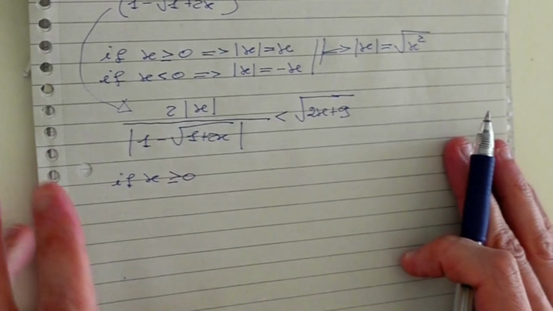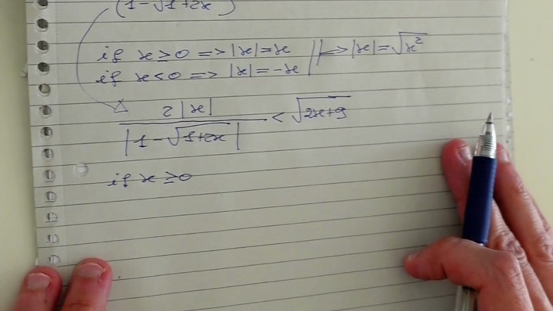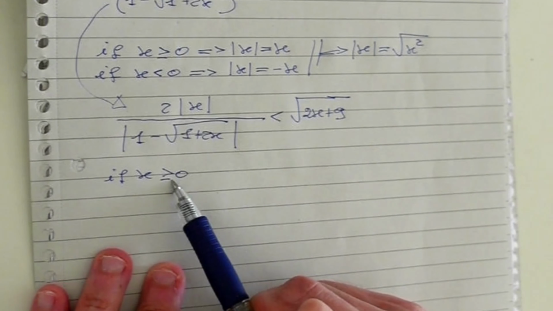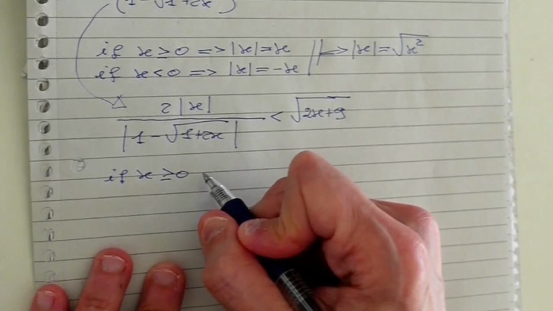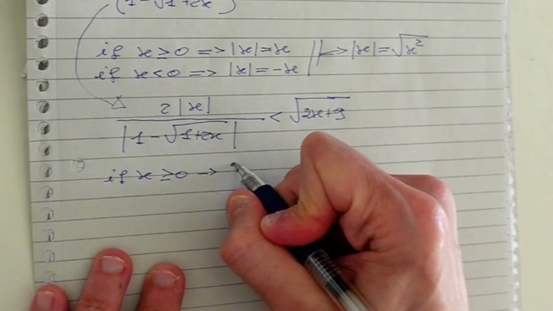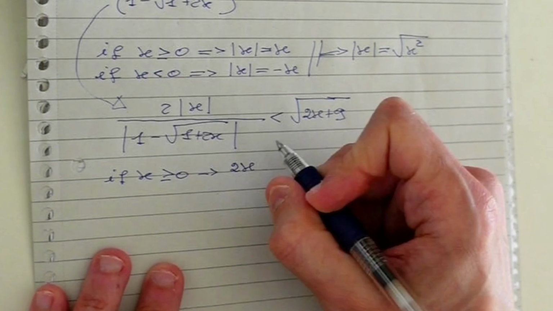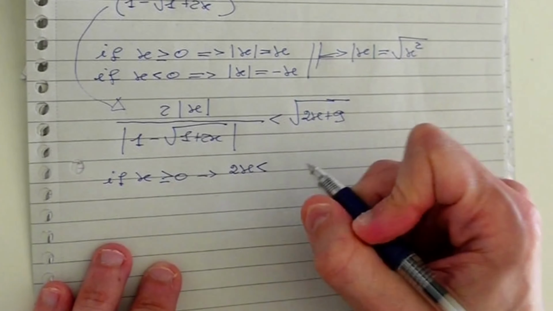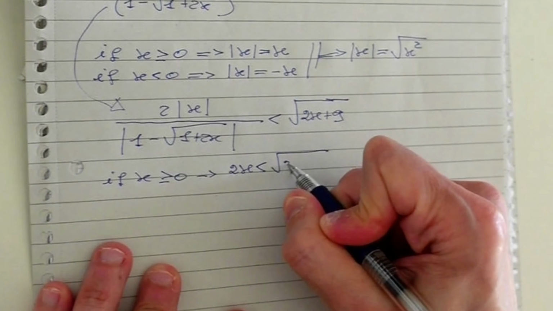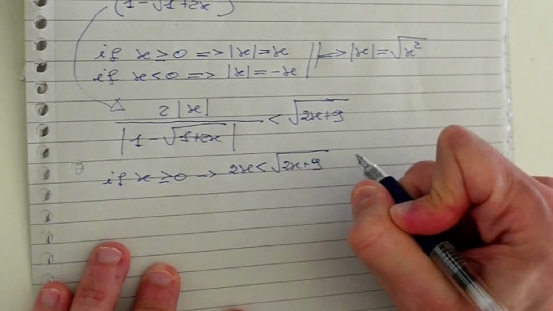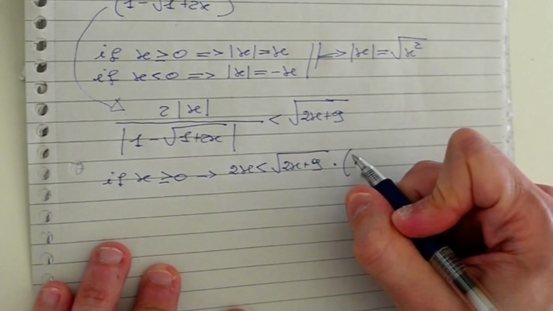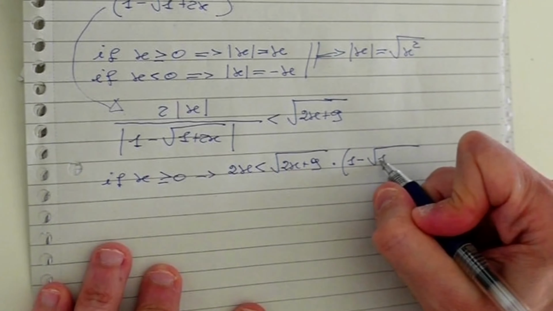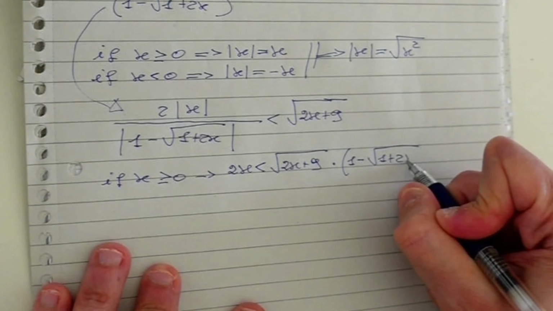If we apply the modulus definition, then if x is larger or equal to 0, it follows by definition that 2x is less than square root of 2x plus 9 times 1 minus 1 plus 2x.